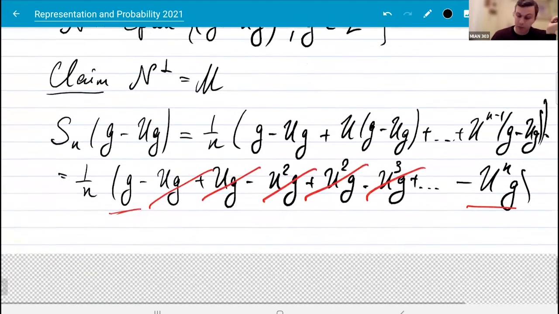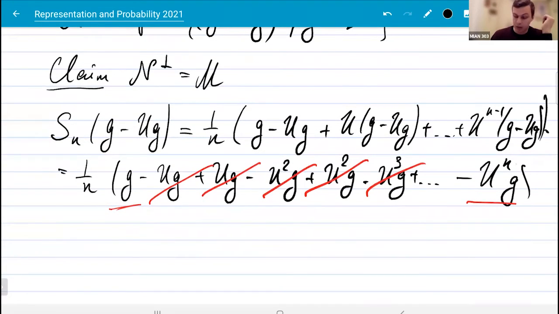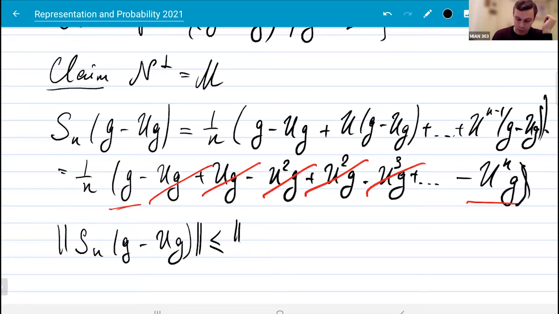So this means that, for example, the norm of Sn of g minus Ug is not more than the norm of g, well, let's say multiplied by 2 over n. And therefore, we have convergence for such functions. So for such functions, we have a straightforward convergence to 0. There is no difficulty.